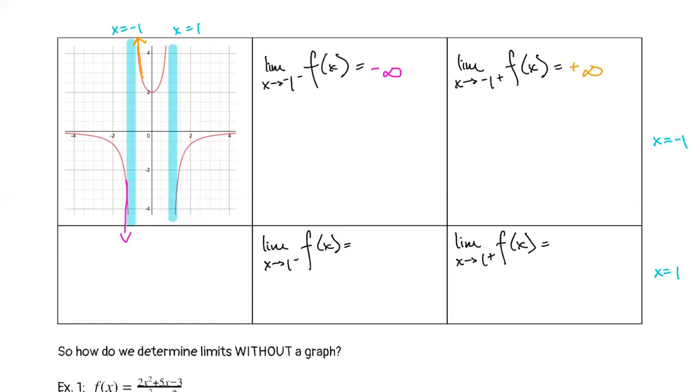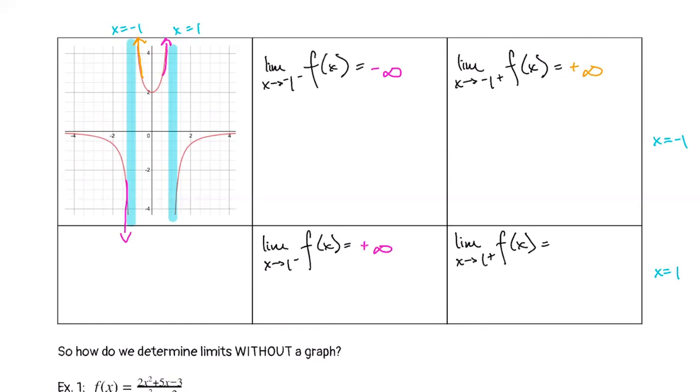What is the left-hand limit as we approach 1? The left-hand limit as we approach 1. I would say that it's not -infinity. +infinity, right? Because this side that is left of that is going up. Good, so we need a +infinity.